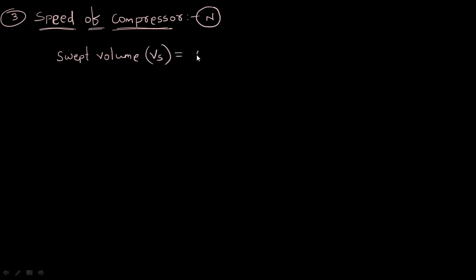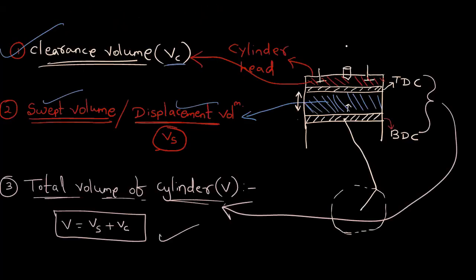The swept volume formula is pi by 4 d square L into N divided by 60. This is in terms of meter cube per second. So this is the formula to calculate swept volume.